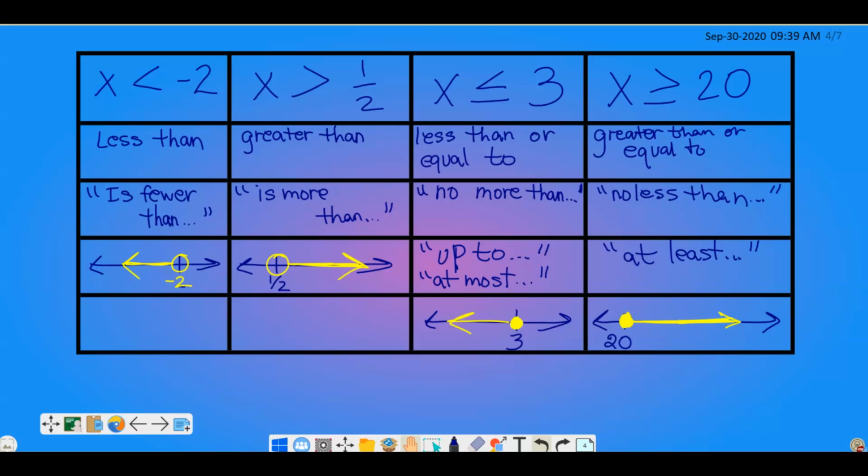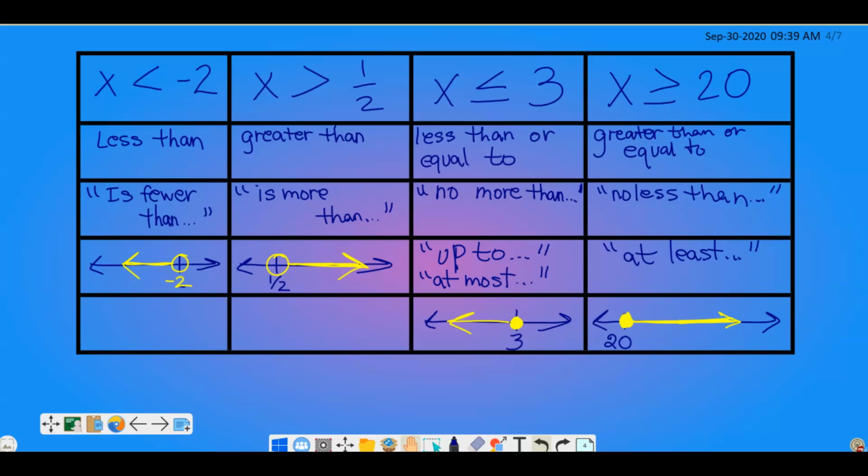Here is a chart that goes through what each of the symbols mean and how the graphs look. The first one is less than. You can see it in the box right underneath what it looks like: x is less than -2. In this box down below, in this row, you see other words that you'll find in word problems that mean less than.